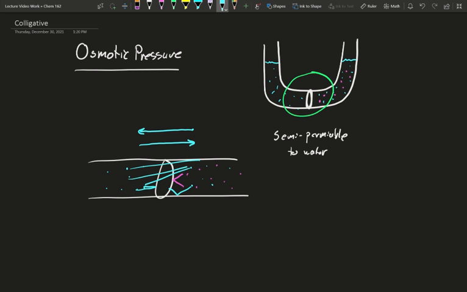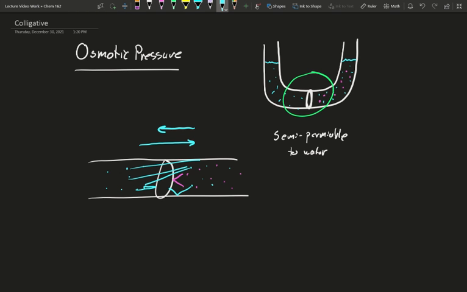The net effect is that on the side with the solute, the material that is dissolved, less of the impacts per second are water. And so if only 10% of the water impacts or something can get through, well, there's just less of them. Those rates change.